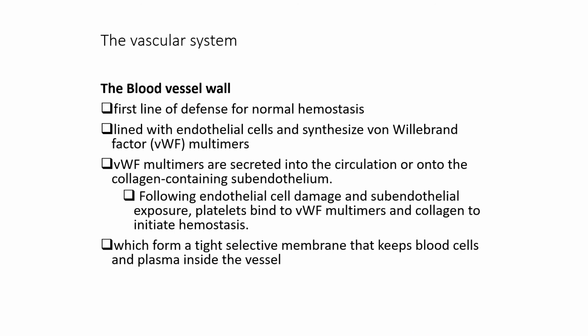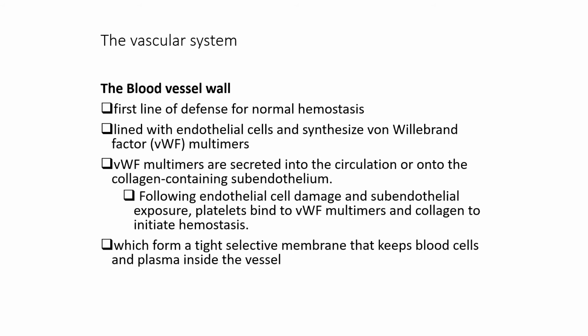The blood vessel wall is the first line of defense for normal hemostasis. This is actually what triggers normal hemostasis. It is provided with ECs, or endothelial cells, and they can produce von Willebrand factor. These von Willebrand factors are secreted directly into the circulation or into the subendothelium that contains collagen.